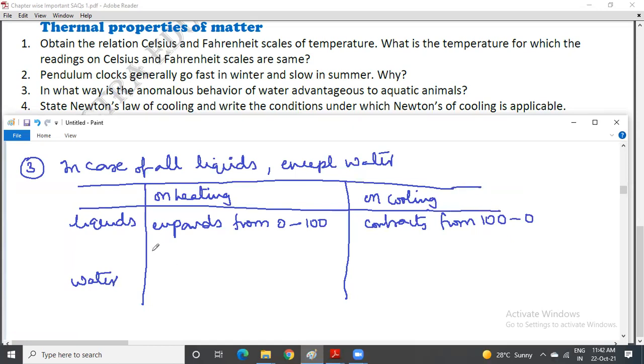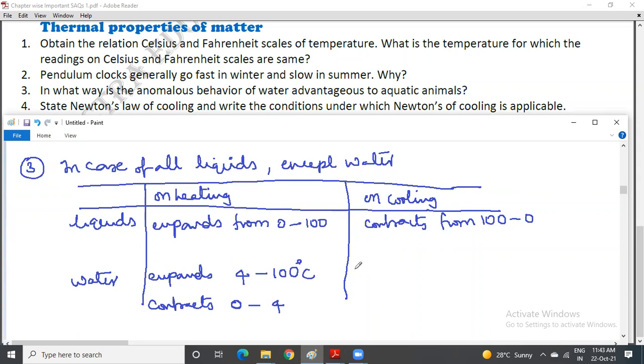So coming to the water, on heating, it expands from 4 to 100, but contracts from 0 to 4. So after 4 only you'll get expansion. Therefore first 0 to 4 it contracts on heating, thereafter 4 to 100 it expands.